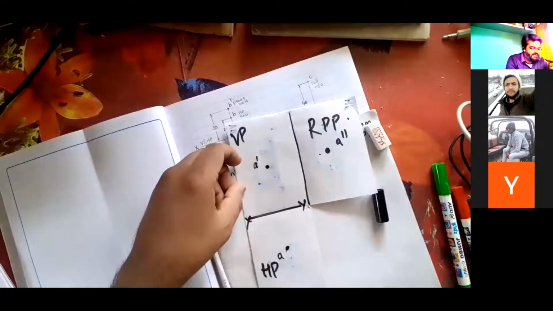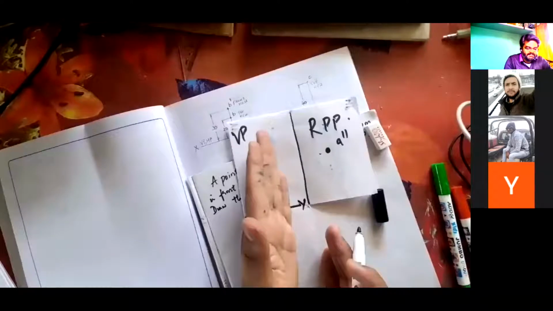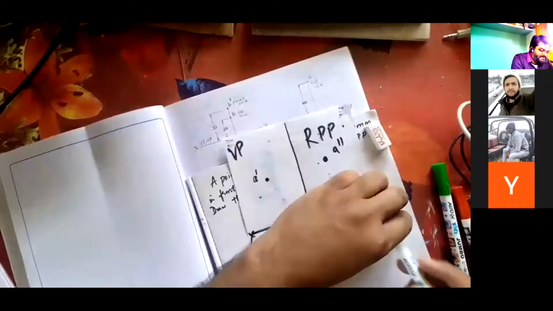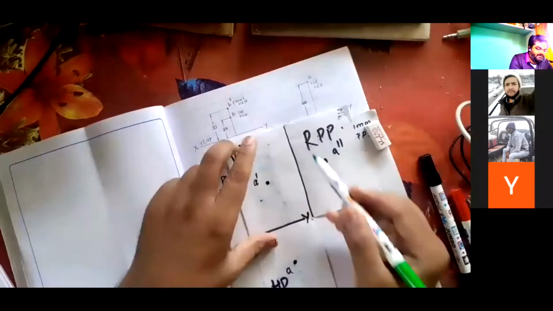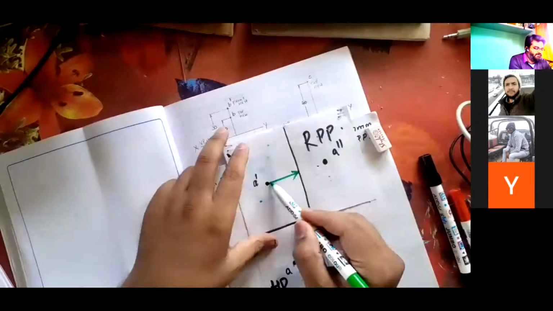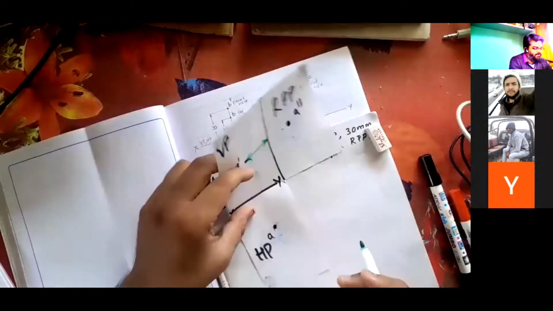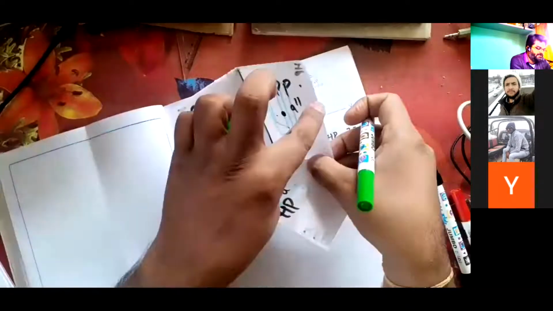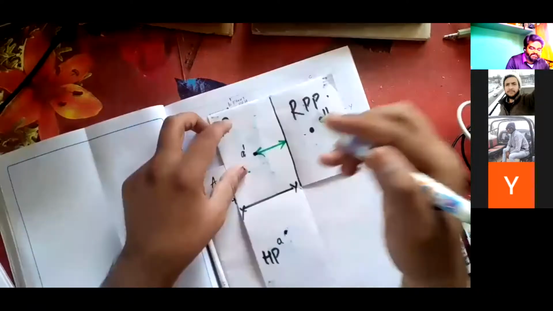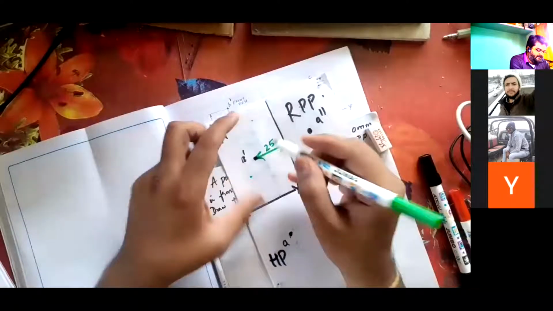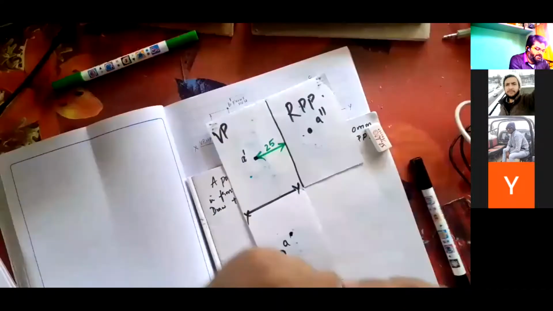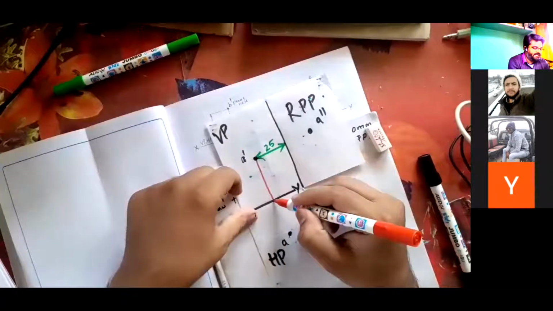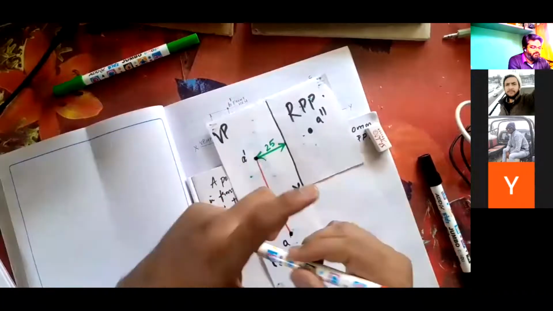But they have given clearly that this distance from RPP, imagine from the side wall, if this is a board, from RPP this is at a distance of 25 mm. This projector is at a distance of 25 mm. This projector A dash to A, whatever I draw, is lying at a distance of 25 mm.